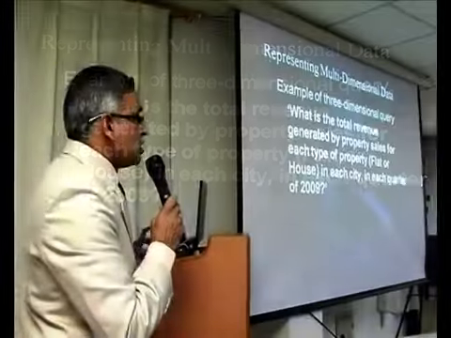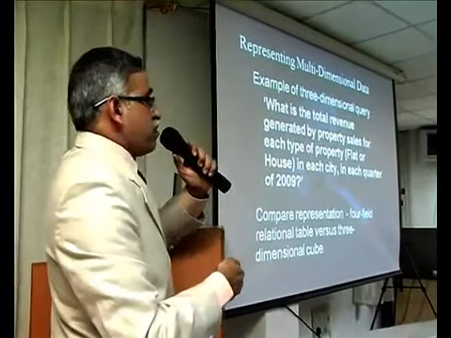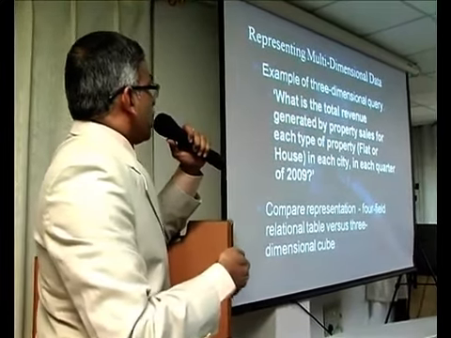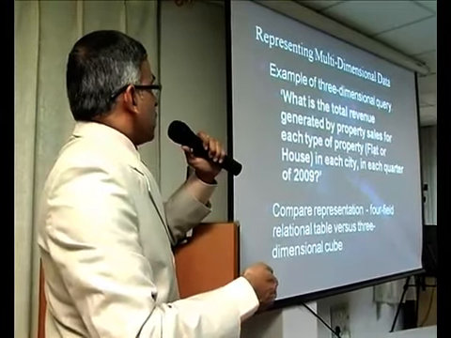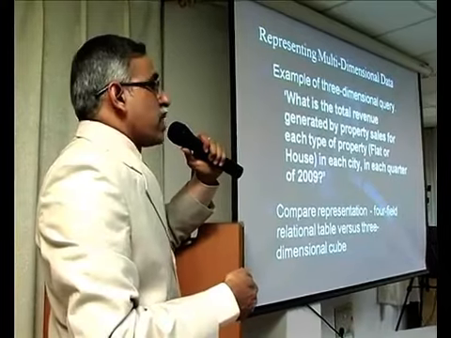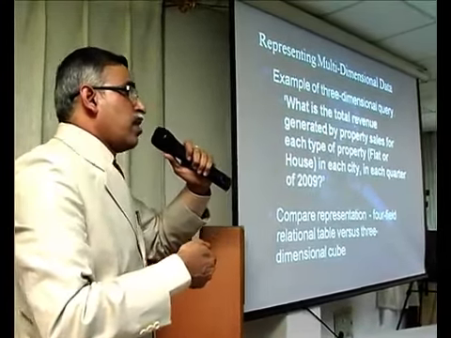If you extend the same representation by adding a property, say sales, what is the total revenue generated by property sales for each type of property, say either flat or house, in each city, in each quarter of 2009. So now how many columns are required in the tabular representation?